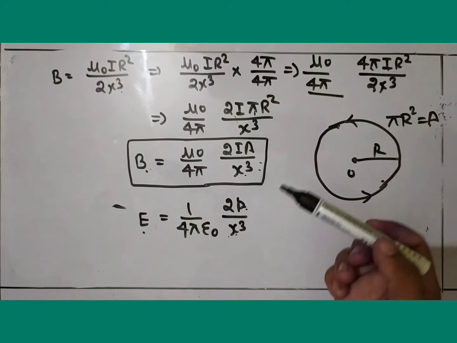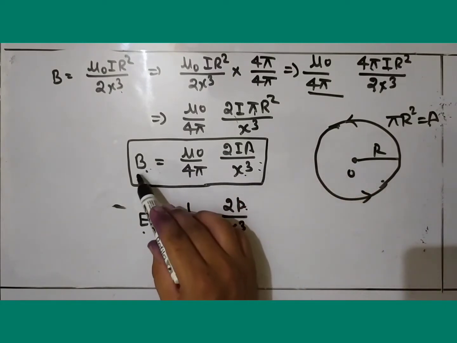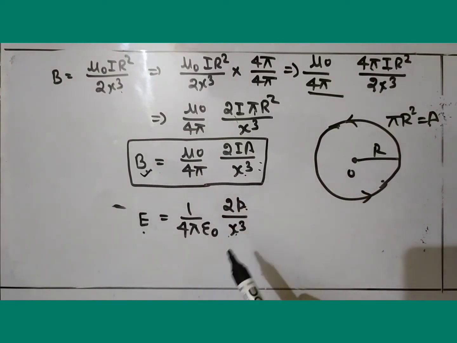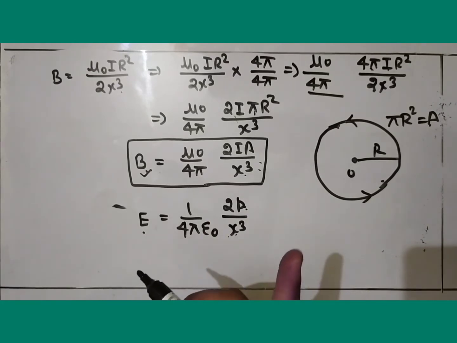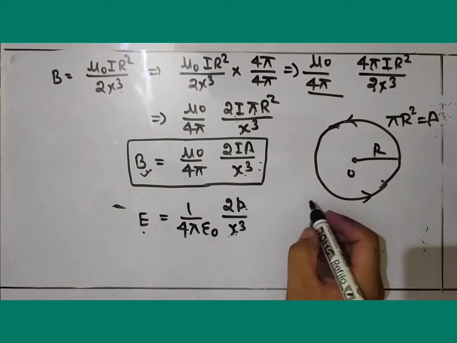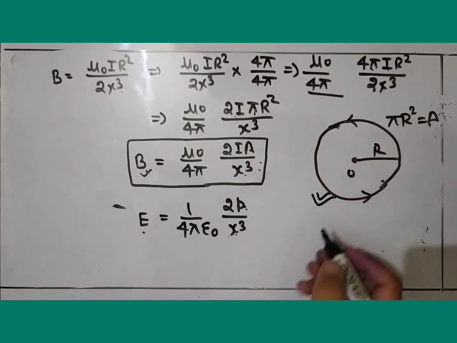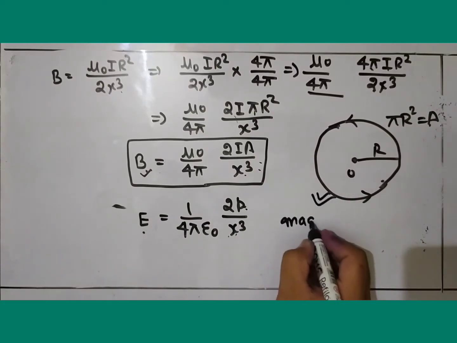So we can conclude here that a current loop behaves the same as a dipole. So we have the topic current loop as a magnetic dipole. So we treat a current loop as a magnetic dipole.